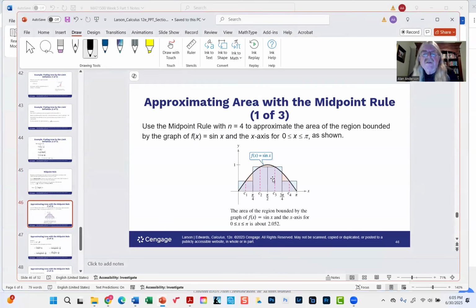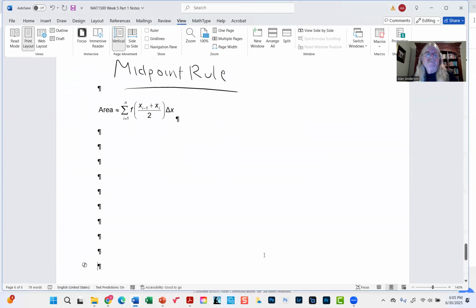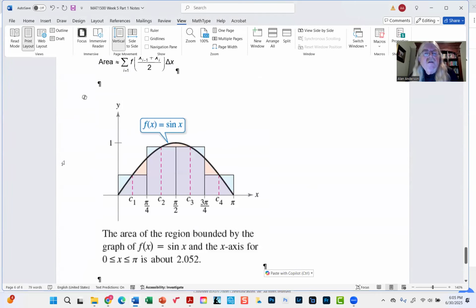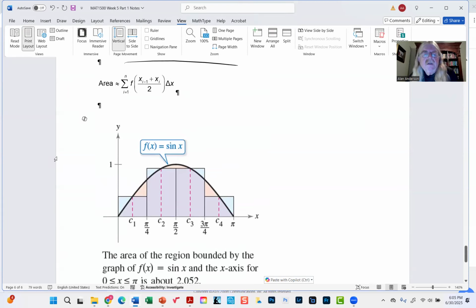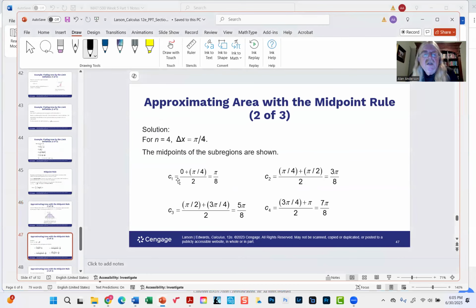So let's see, here's their example. We're looking at sine of x between 0 and pi. So here we're going to assume that we've broken it up into four parts, four rectangles, that is.